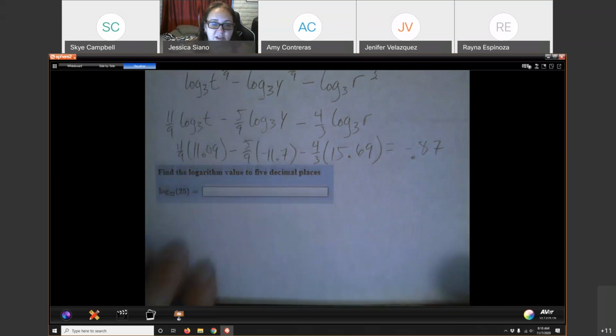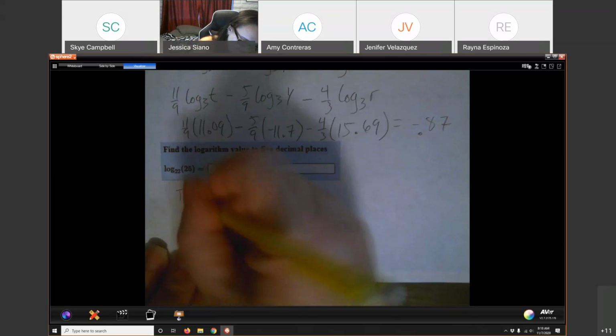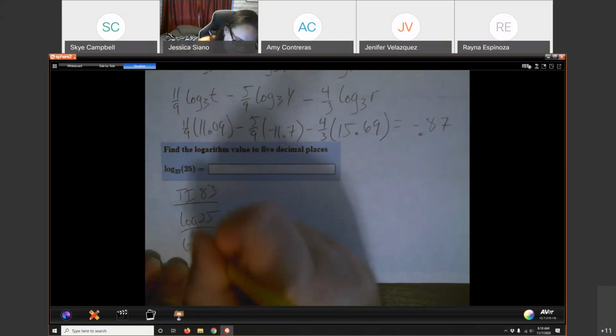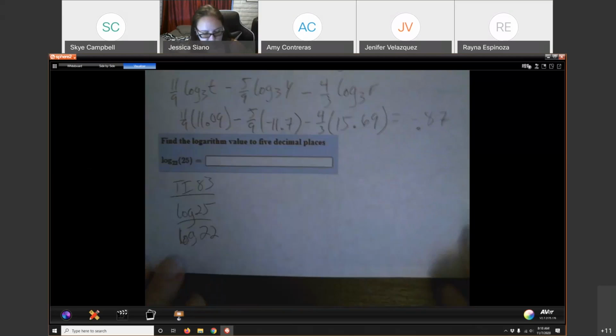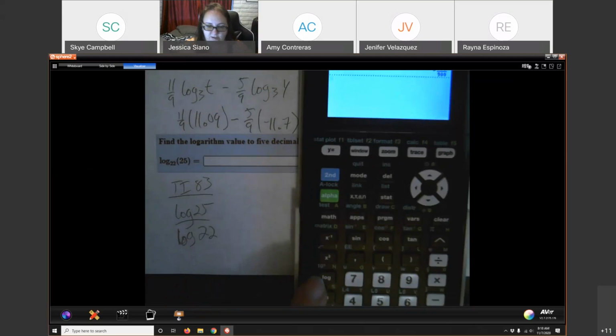Now, when you're putting these in your calculator, how you put it in is going to depend on which calculator you have. So if you have a TI-83, you would put this in as the log of 25 divided by the log of 22, where your log button is right here below x squared.